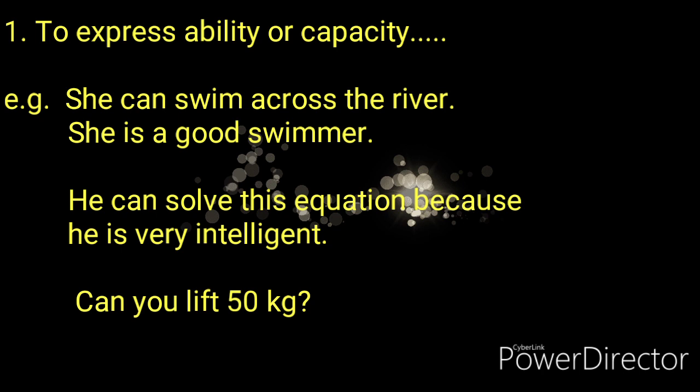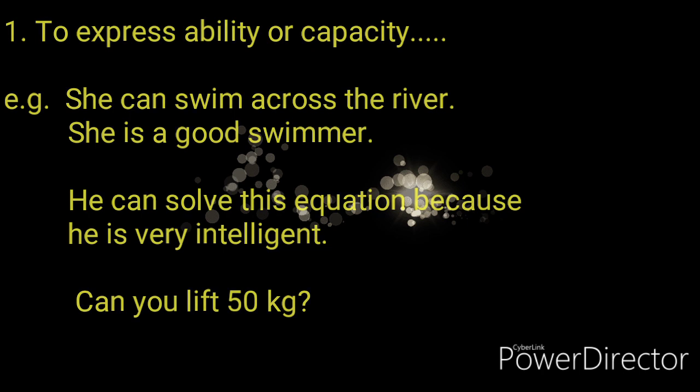Next example is he can solve this equation because he is very intelligent. This sentence or clause shows that the person has ability to solve the equation. And we know it very well, if we have to express ability or capacity of present time, we use can modal.